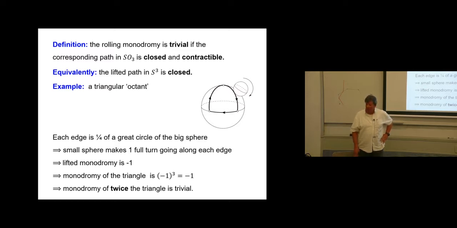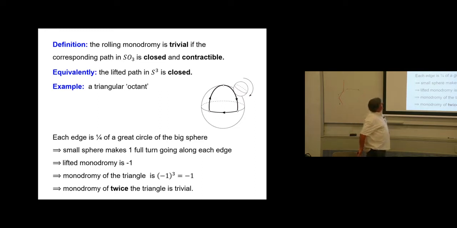Correct. The configuration space of rolling is S2 times SO3. I'm only looking at the SO3 part to define the monodromy. Correct. Good point, thank you. I only look at the SO3 component of this path in the configuration space of rolling.